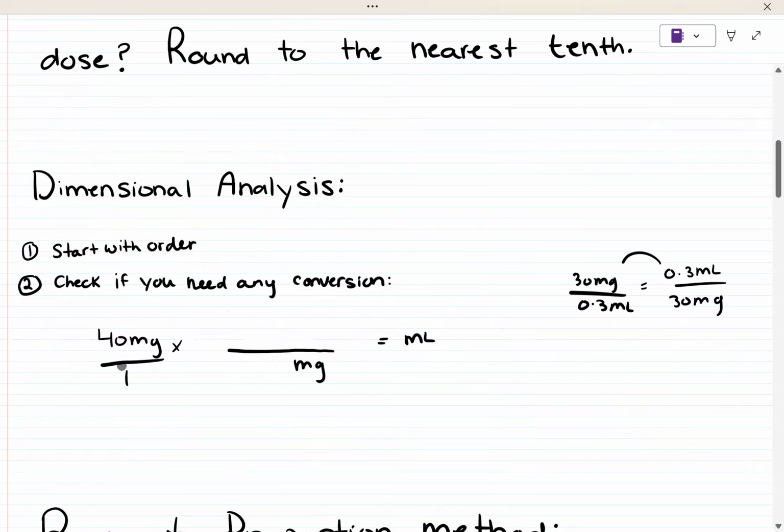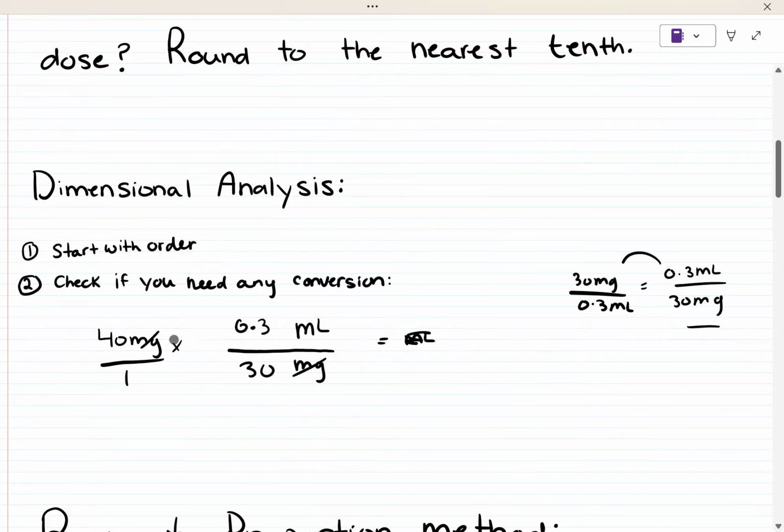If you recall, when multiplying fractions you multiply across, and you want the milligrams gone and milliliters on top. So what is the relationship between milliliters and milligrams? For 30 milligrams, you're going to need 0.3 milliliters. So when you do the work, the milligrams disappear and you're left with milliliters.